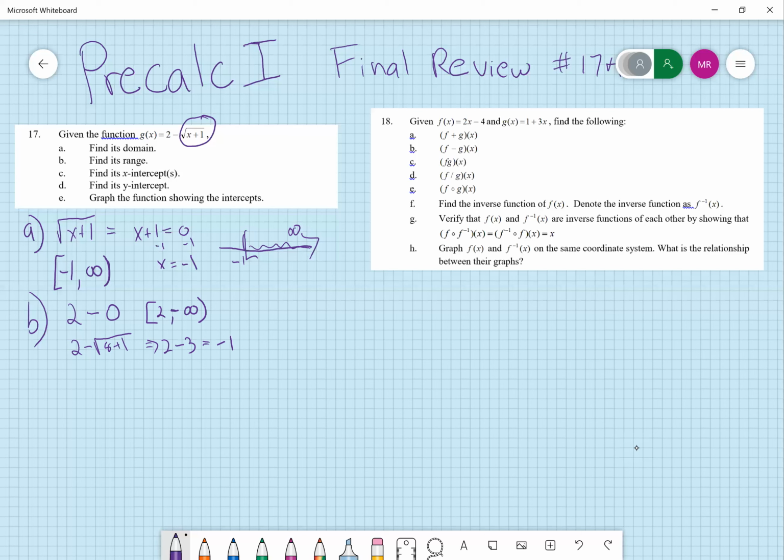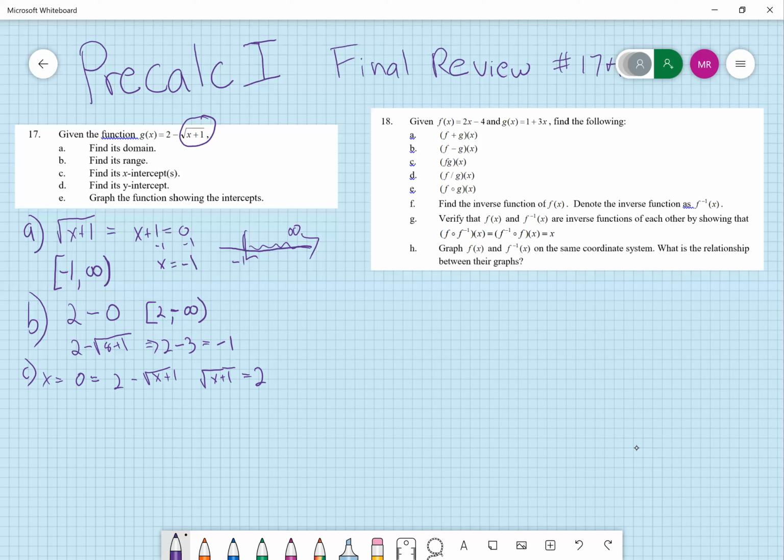Now we're going to find our x and our y-intercepts. So we'll do x, where we set the y equal to 0, or the equation equal to 0. 0 equals 2 minus square root x plus 1. Now we're going to add the square root of x plus 1 to each side. And that gives us the square root of x plus 1 equals 2.